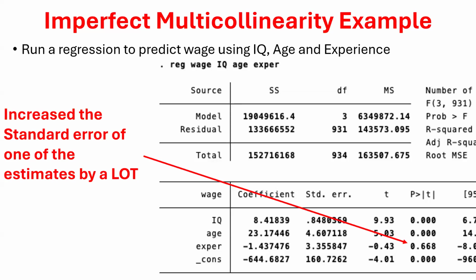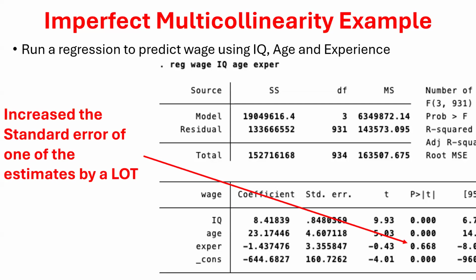It also decreased the coefficient. So when I calculate that test statistic, notice now, what is my p-value? Really high. So am I going to be able to reject the null that experience has no impact on wages? No. So if I fail to reject, what I'm really saying is there's no impact of experience on wages.